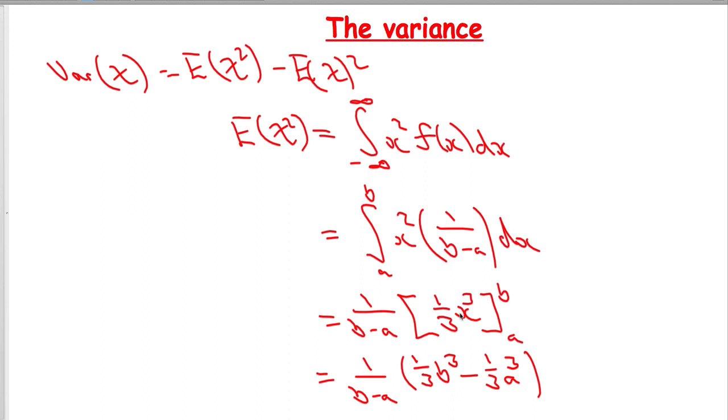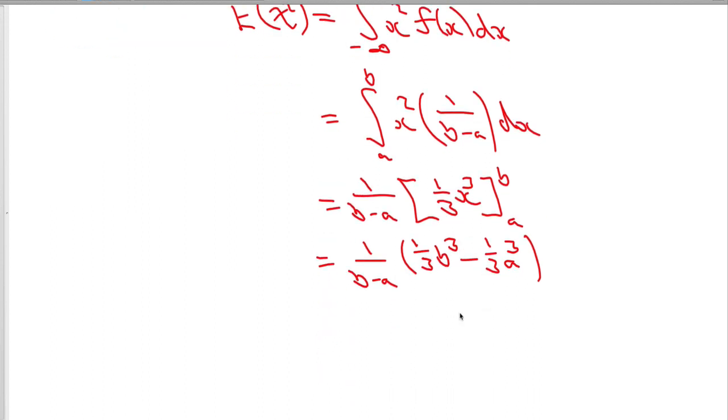And just like before, we're going to factor out 1/3. So I get 1 over 3 times b minus a, times b cubed minus a cubed. Now this, b cubed minus a cubed, is the difference of two cubes.